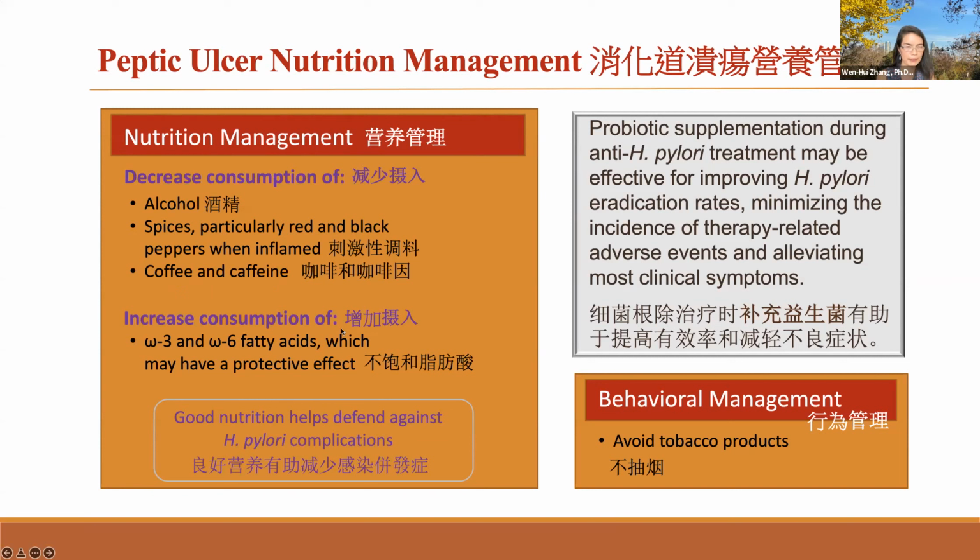Increase the consumption of omega-3 and omega-6, these are healthy fatty acids. Good nutrition, in general a good diet, helps defend against H. pylori symptoms and complications. And no smoking.